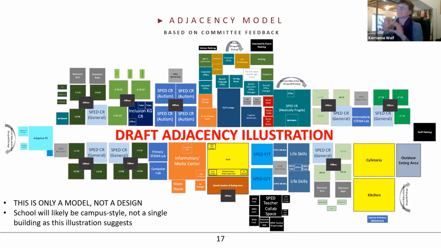So is that an okay adjacency, or do we want to move that somewhere else on the campus? Well, I personally think it's good, because if we're using it for any rotation or intervention groups, they could use that, and it's close to the library and the computer lab.